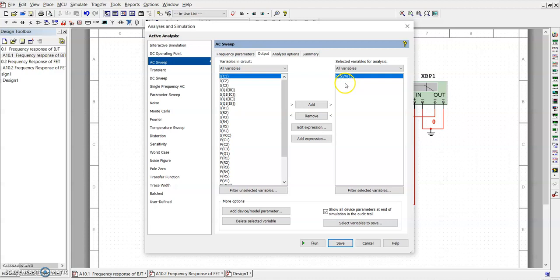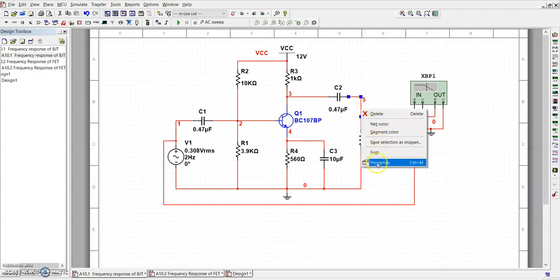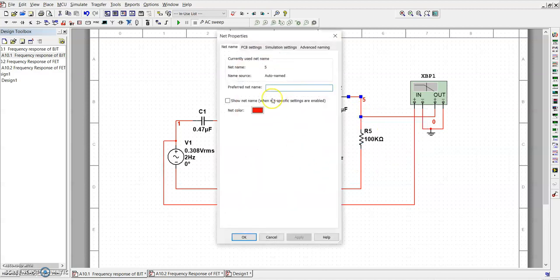I have added the expressions already here. You can check: this is 5 and this is 1, so the gain will be V5 by V1. If no number is given, you can check by right clicking on the line and going to properties. Here it will show what number your output is.